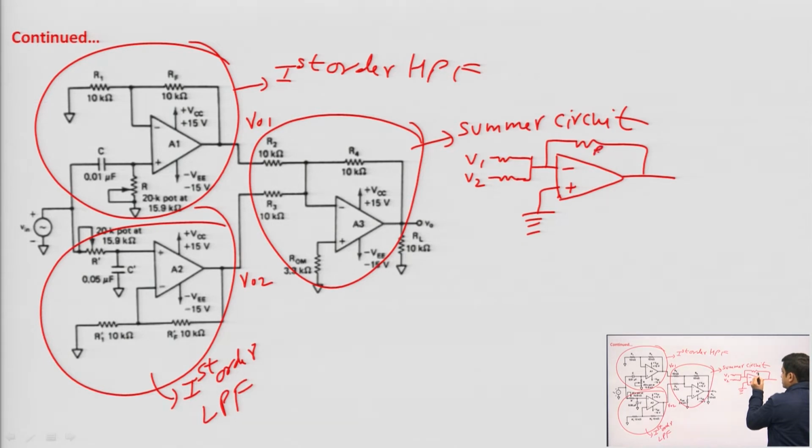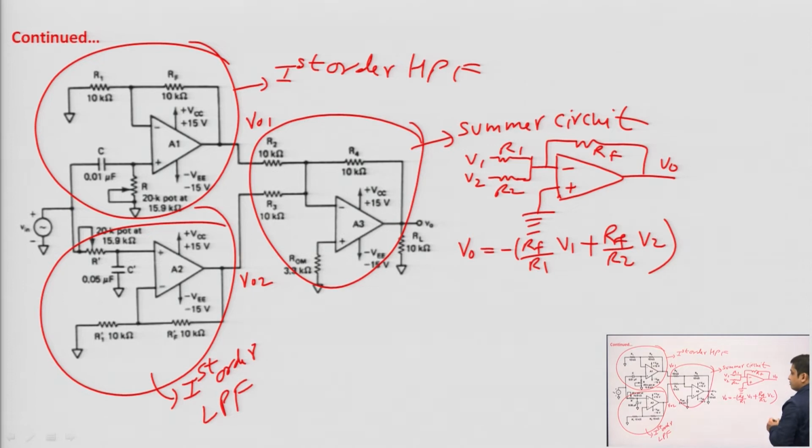This is resistance RF, this one is R1, this is R2, this is output voltage V naught. So, this is your adder circuit. From here when we calculate V naught, then it is equal to minus of RF upon R1 into V1 plus RF upon R2 into V2. Minus sign is coming because this is the inverting configuration, fine.